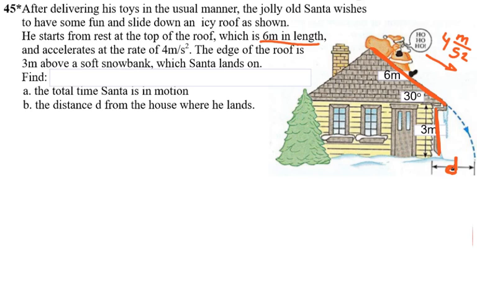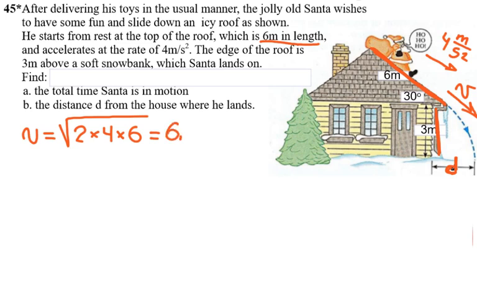Let's just call it velocity, but it is the final velocity for that part of the trip. So this velocity is equal to the square root of 2, acceleration is 4, and the distance is 6 meters. And it is 6.93 meters per second.